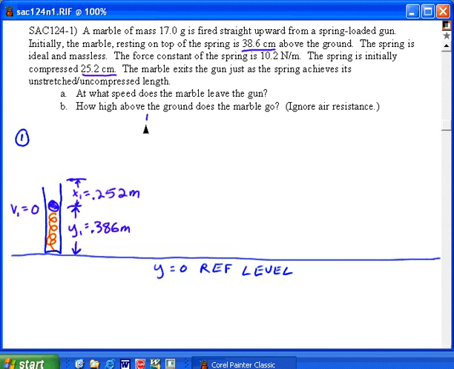Let's do picture number 2. This will be my after picture for part A. You want to know how fast it's going when it leaves the gun, so we'll have the marble at the exit of the spring-loaded gun.